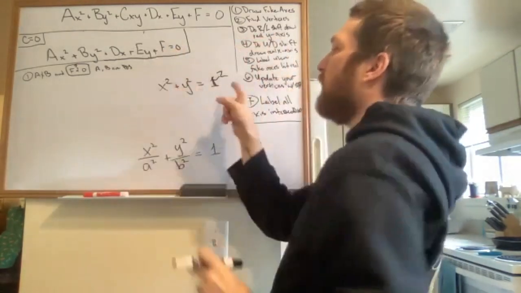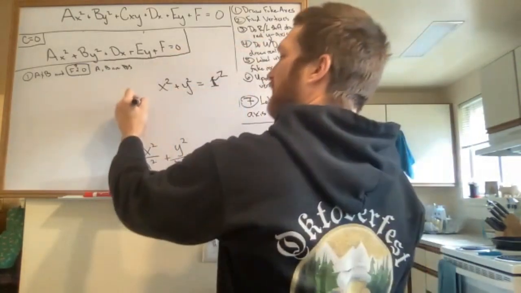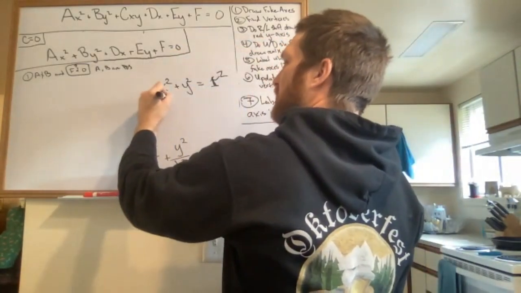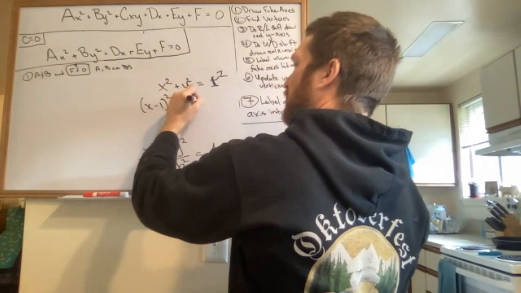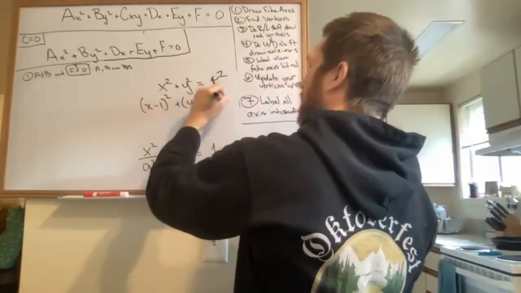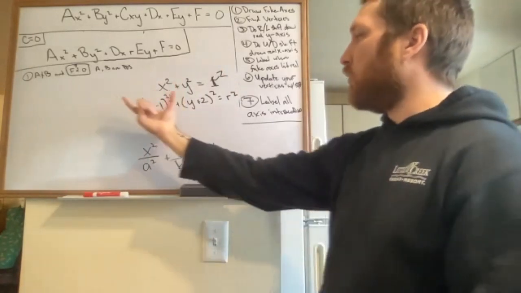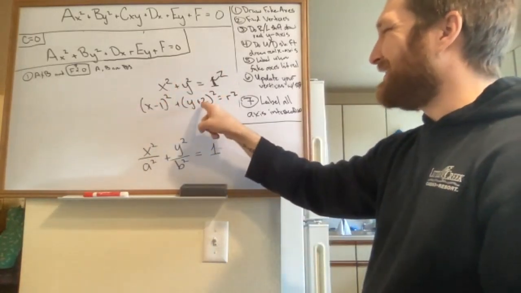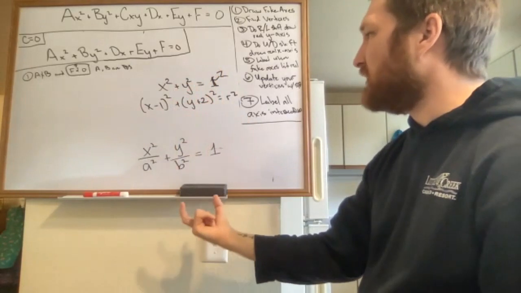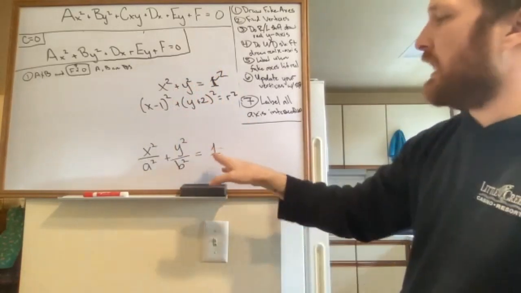And then we talked about how you could take this circle and shift it in different directions. This would be the same circle, but shifted right 1 unit and down 2 units. The same principle applies here.